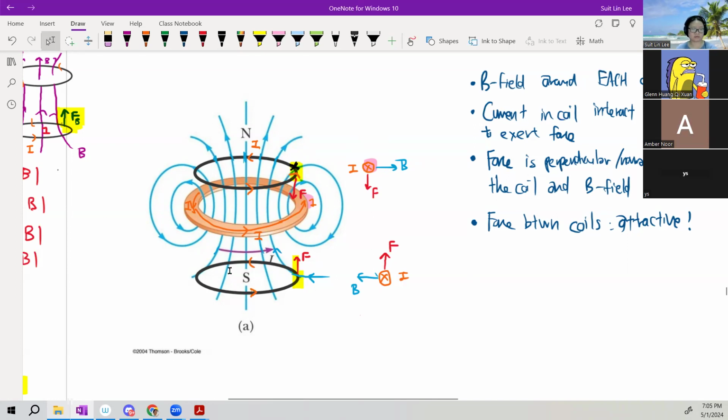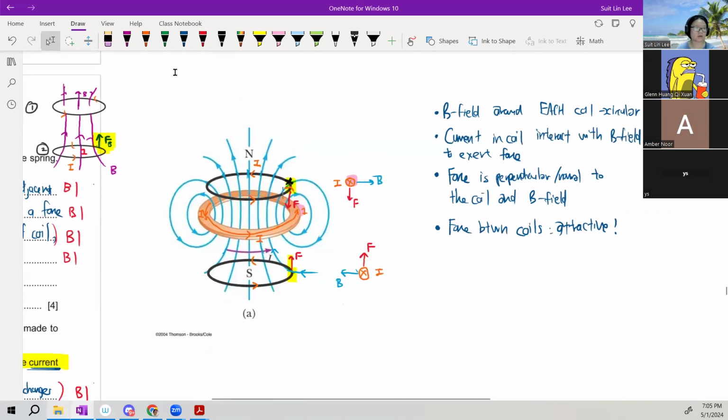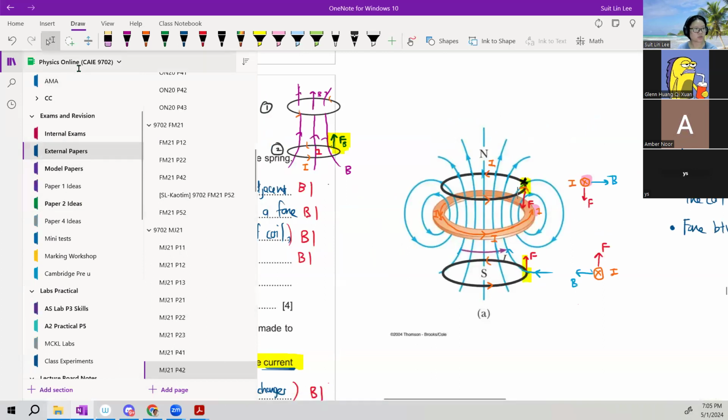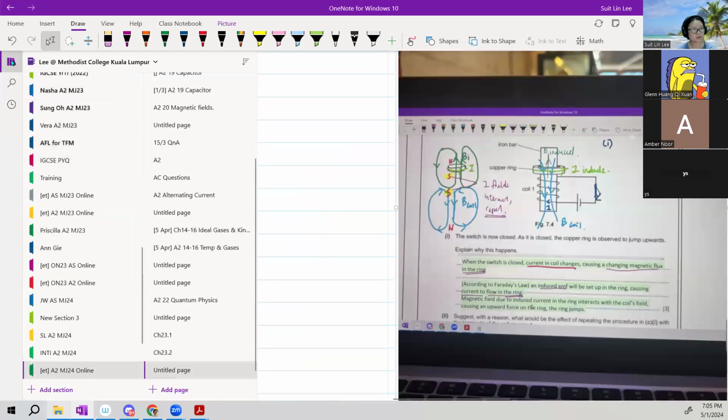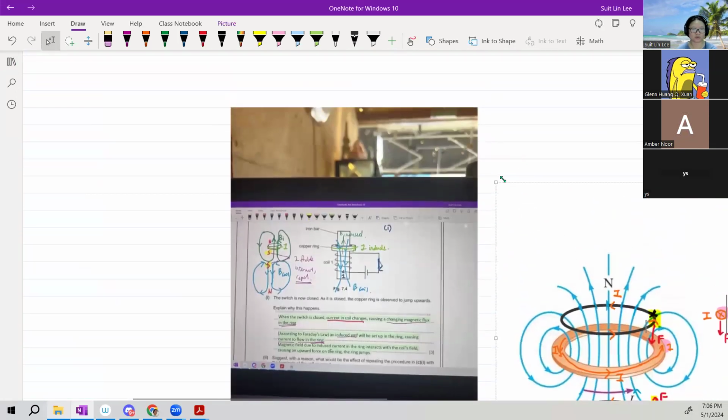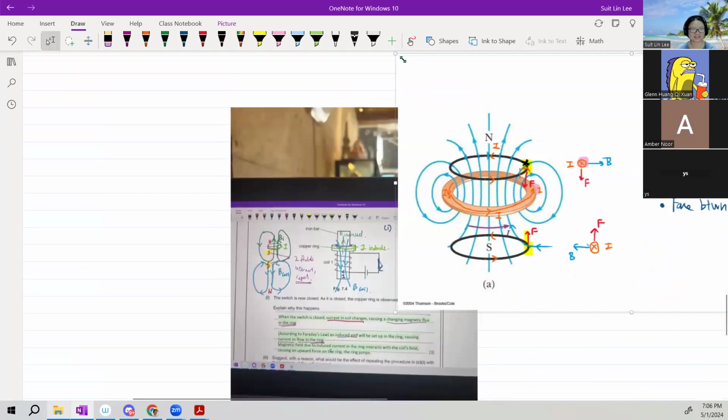So likewise, screenshot and throw it there. This one is May June 21 P42. You can search from the channel, because there you can slowly use your hand and brain to work out the direction.